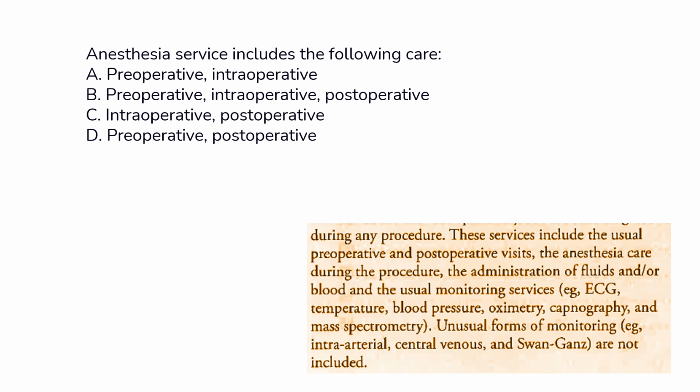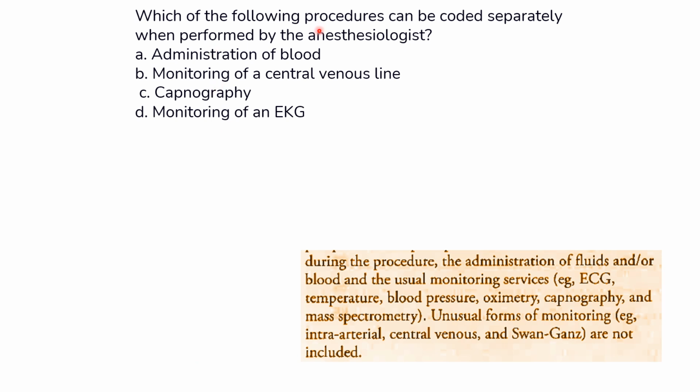Which of the following procedures can be coded separately when performed by the anesthesiologist? We have all these codes. Again, this is a very important guideline covered at the beginning of your anesthesia section: during the procedure, the administration of fluid and blood and the usual monitoring services, for example ECG, temperature, blood pressure, oximetry, capnography, and mass spectrometry, are included.